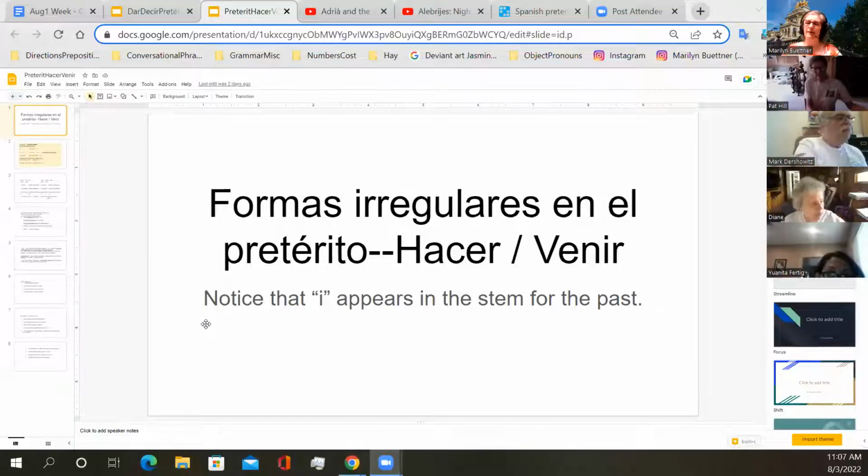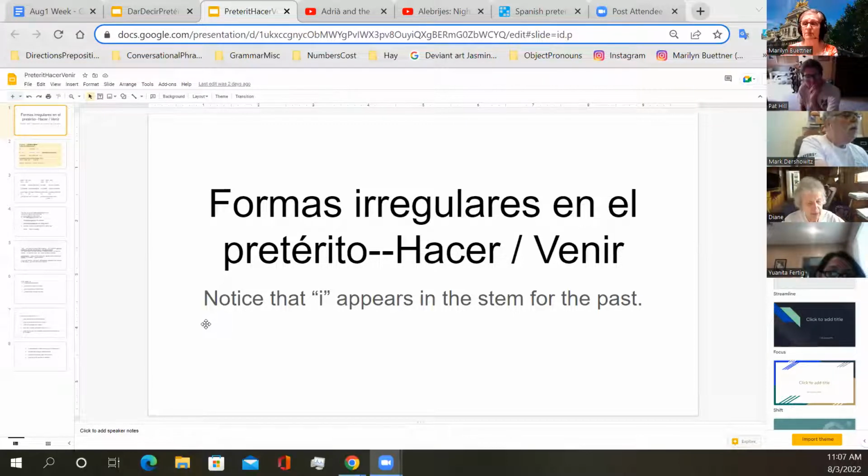What I am going to give you to start to work on next week is 2 new verbs for preterito that are very irregular, and they're going to be these 2 because I don't want to overload you with like a gob of them. We're going to take 2 new ones, and I'm going to send you a whole set of slides.